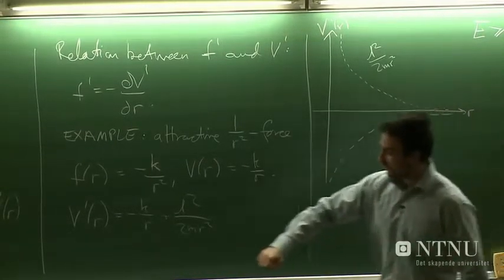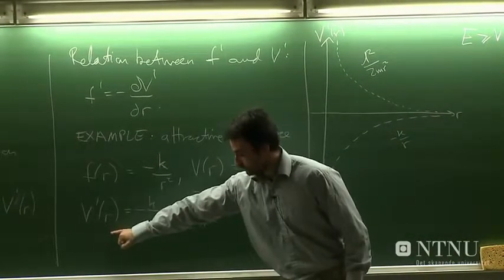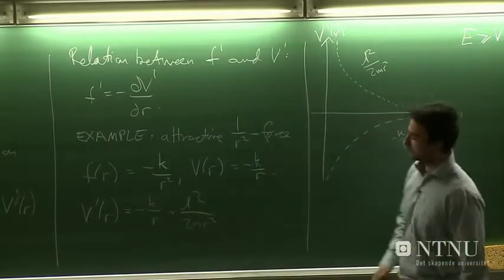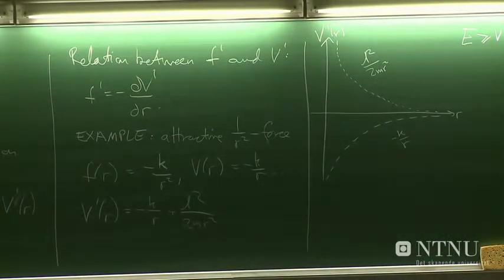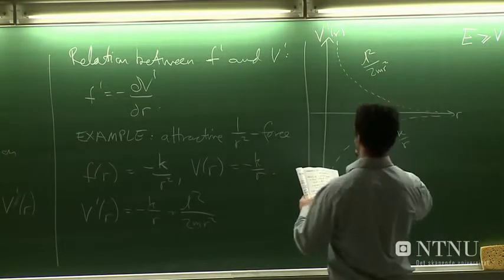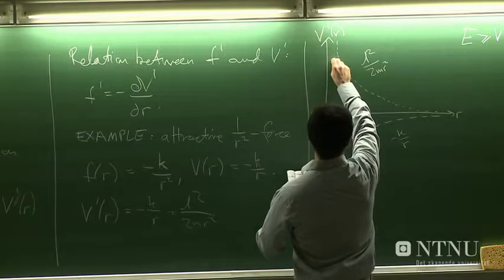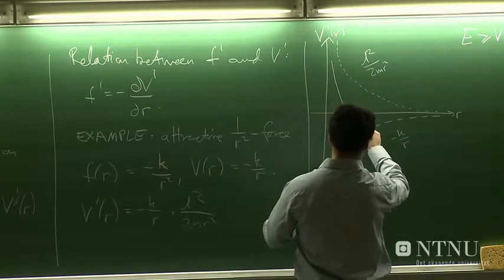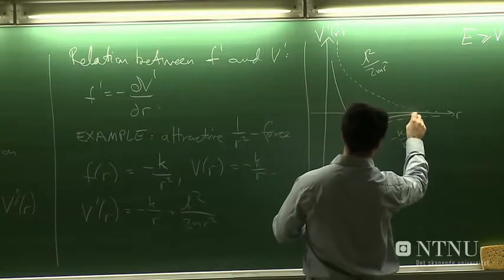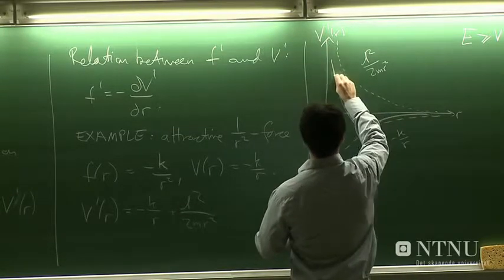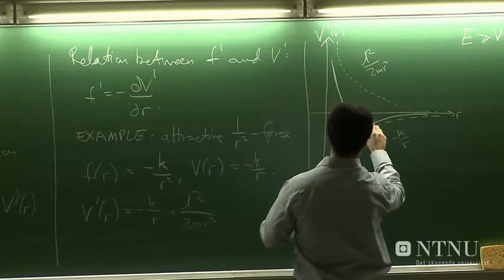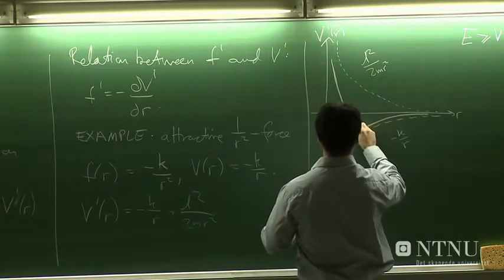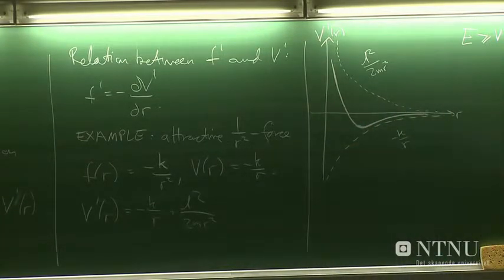Okay, but the total potential is now the sum of these two. So we have to consider what that would look like. And this full drawn line is V prime.